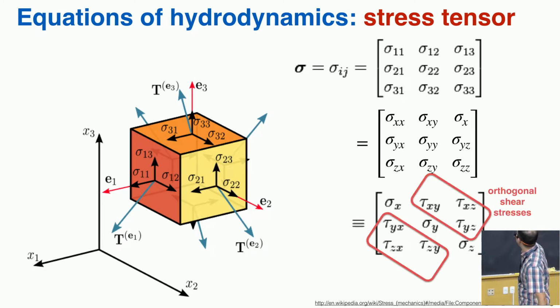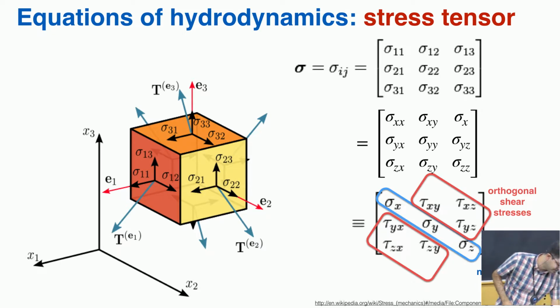And we can write the stress tensor as a combination of what we call the shear stresses. So shear stresses: suppose you have a side of your fluid element. A shear stress is a force doing this on the side of your fluid element. This is a shear stress, which is quantified by the parts of the stress tensor marked in red.